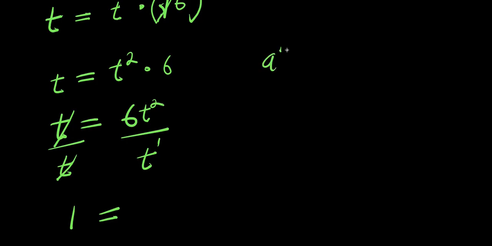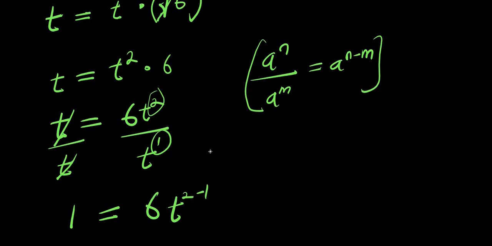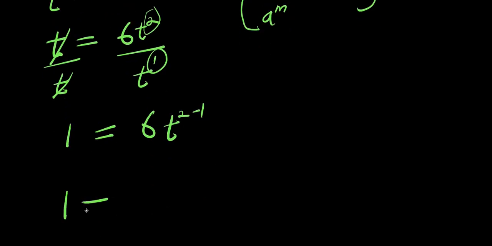And if you have a to the power of m divided by a to the power of n equals a to the power of m minus n, meaning that this t to the power of 2 here, we can subtract 1 from the power 2. So this is just like writing 6 times t to the power of 2 minus 1. And from here we have 1 equals 6t because this is t to the power of 1, which is the same thing as t. We can solve for t, just rearrange 6t equals 1.